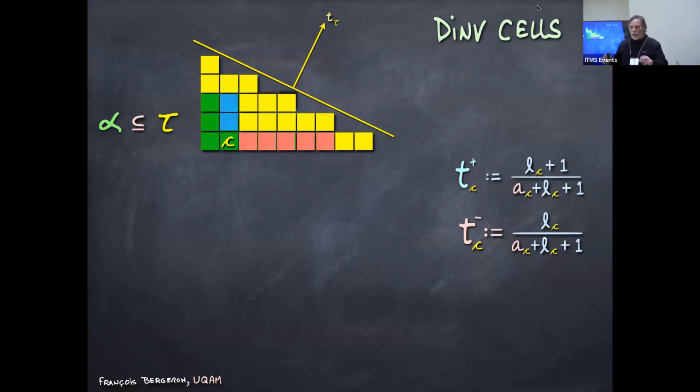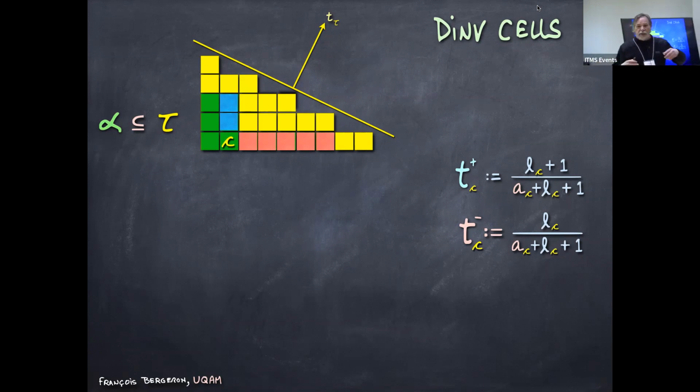So in a sense, what we're doing is comparing. Given a partition alpha that is contained in tau, we take a cell of that partition, and inside alpha, so alpha would be here, the green, the blue, and the red, you consider the partition and calculate how triangular it is.